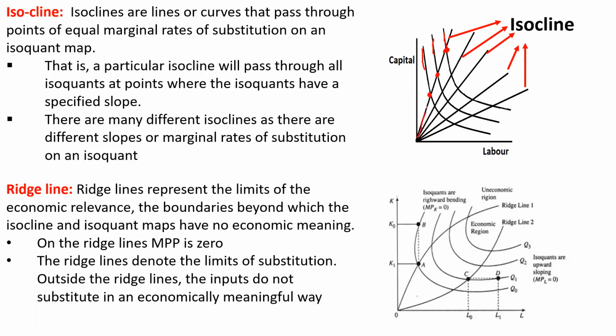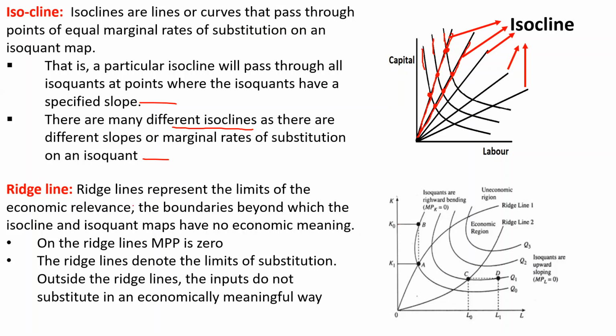If we join these points from the origin like this, we get the isocline. Likewise here also, the slope at this point is equal, so this is another isocline. We can have as many isoclines as there are slopes of isoquant. A particular isocline will pass through all isoquants at the point where isoquants have a specified or equal slope. There are as many different isoclines as there are different slopes or marginal rates of substitution on the isoquant.